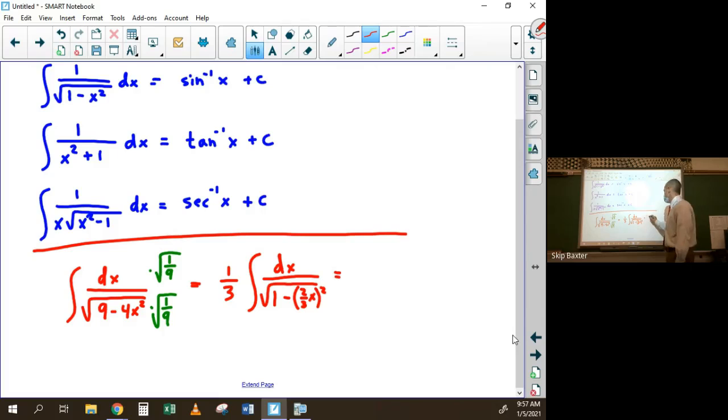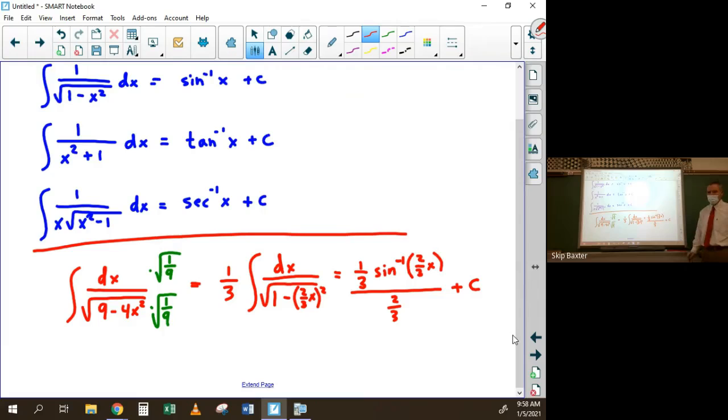This is just going to be 1/3 of inverse sine of 2/3 x divided by 2/3. So the final answer ends up being 1/3 divided by 2/3 is 1/2. So this is 1/2 inverse sine 2/3 x plus c.